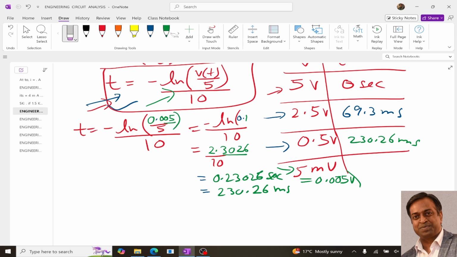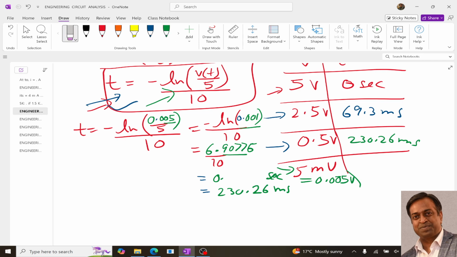So it will be 0.001, right? And solving this one, 0.001, we will get this time as 6.90776, right?